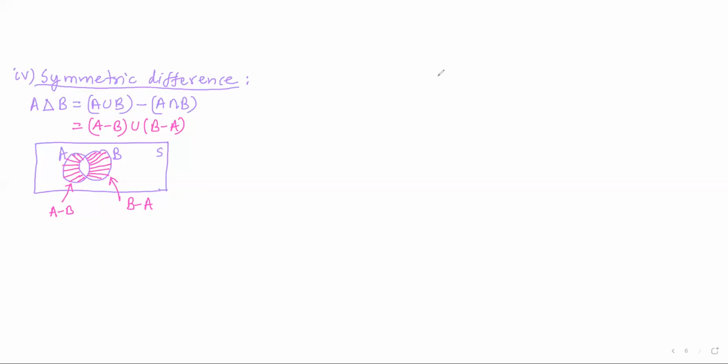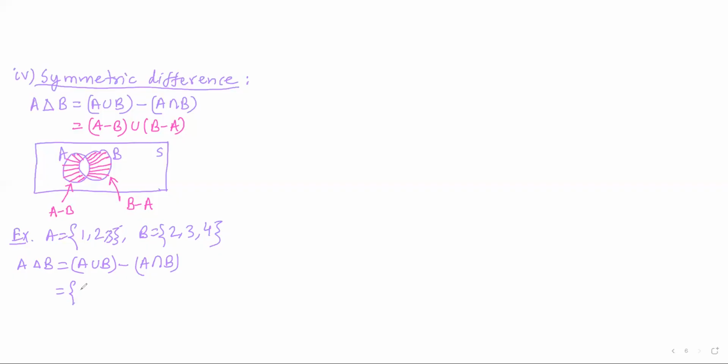Now I will discuss this one by taking one example. Suppose set A contains elements 1, 2, 3 and set B contains elements 2, 3, 4. Now we have to calculate A symmetric difference B. So this is equal to, the formula is A union B minus A intersection B. Now A union B is equal to, we have to take all common elements and uncommon elements.